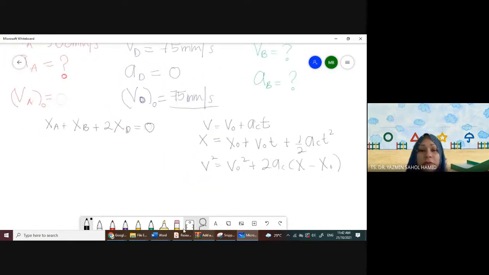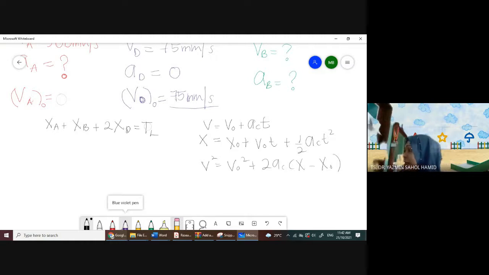Oh, sorry, this one is wrong. It's not 0. It should be the total length. Now, XA plus XB plus 2XD equals the total length. What happens when you differentiate a length that changes? What happens if you differentiate X?